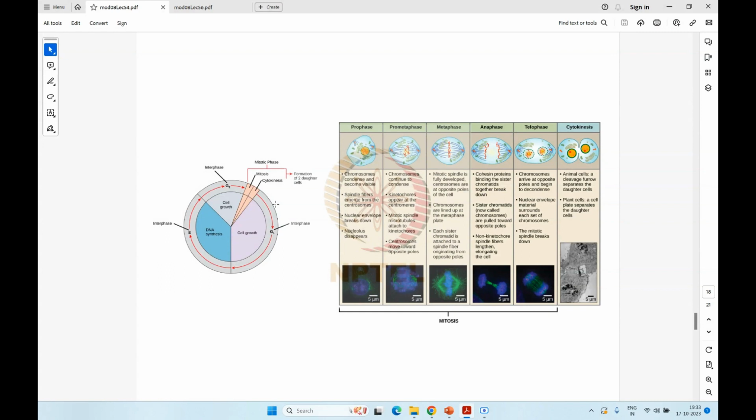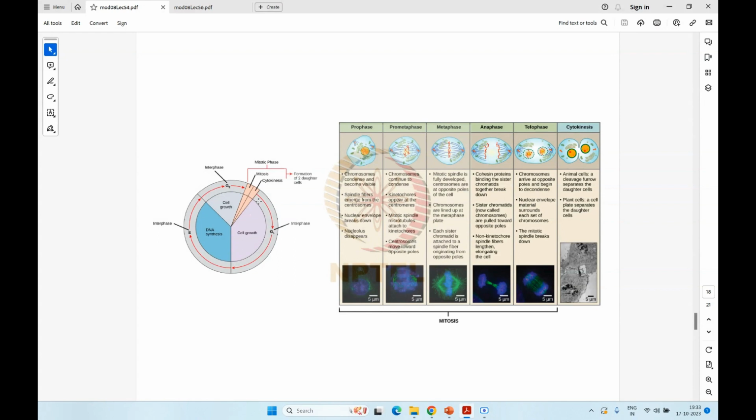And the Hayflick limit basically proposes that once the telomeres have vanished, the cells can no longer divide. The cell basically needs to decide all of that before entering the M phase, whether or not it can undergo another round of division.